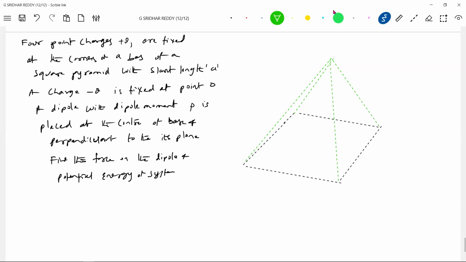At the center, a dipole is kept. Here, I think the negative charge is there. At these points, positive charge. Here a dipole is kept. So the dipole exactly, I think this will be the axis.